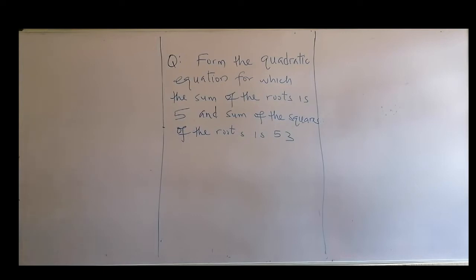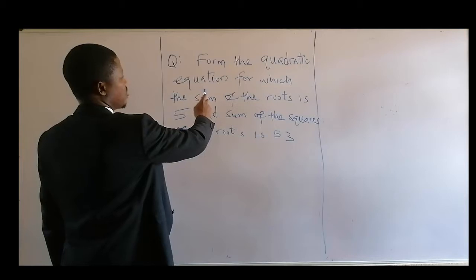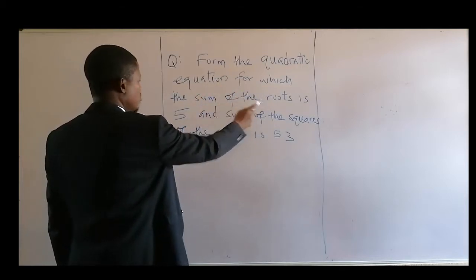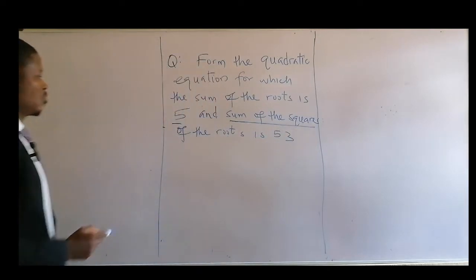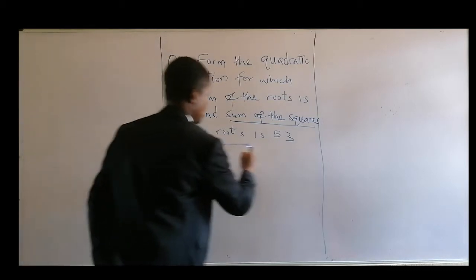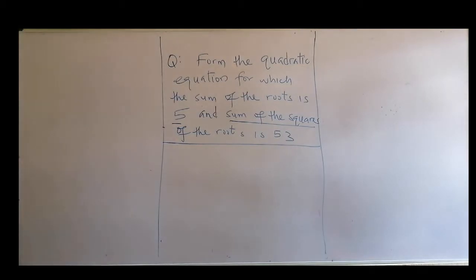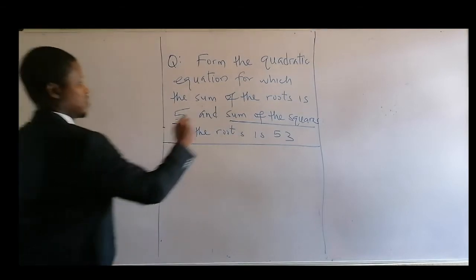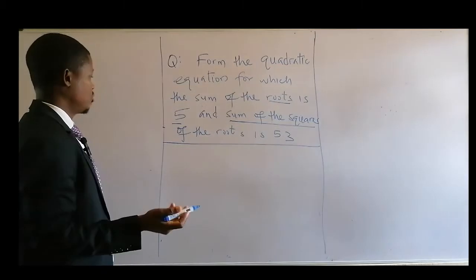Next, we have a quadratic equation for which the sum of the roots is 5, and the sum of the squares of the roots is 53. So this is very simple. Let the roots be alpha and beta as we have been doing.